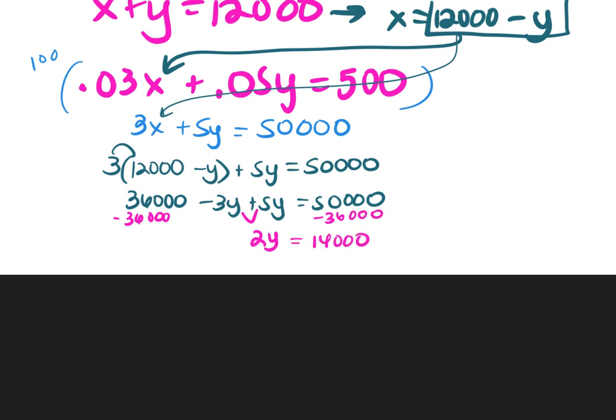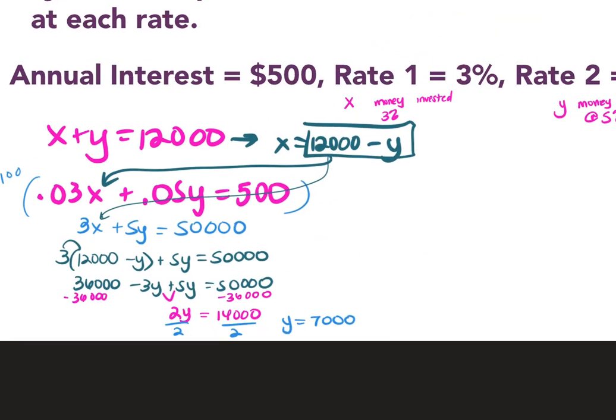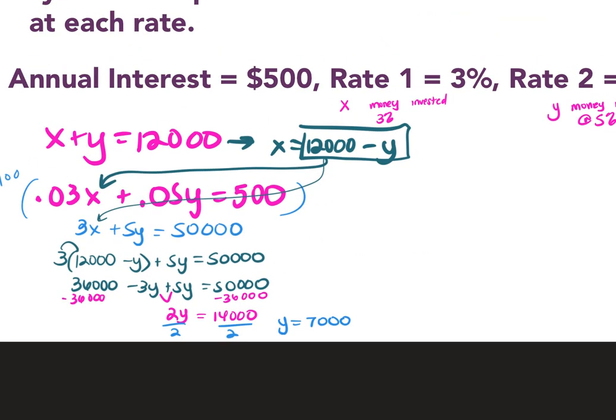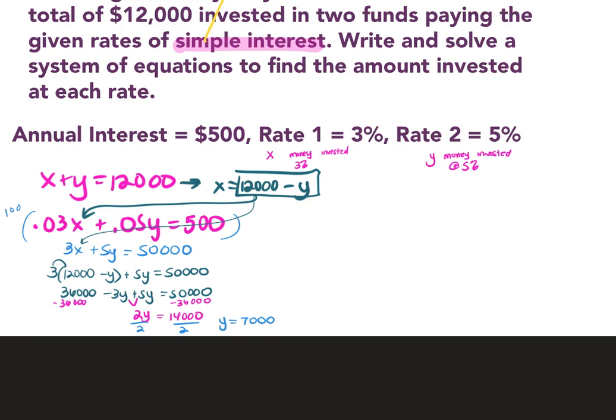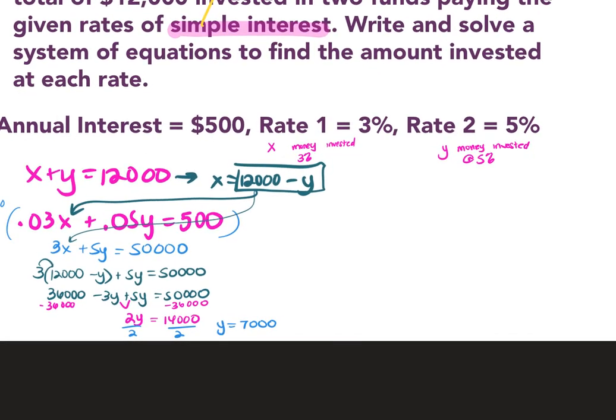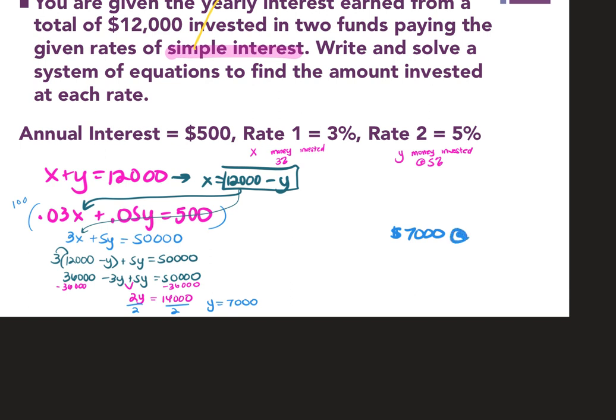I get 2y equals 14,000, divide by 2, and y equals 7,000. So 7,000 is the amount of money invested at 5%.